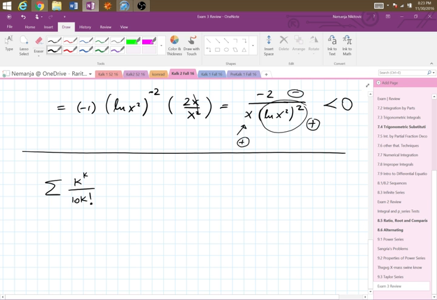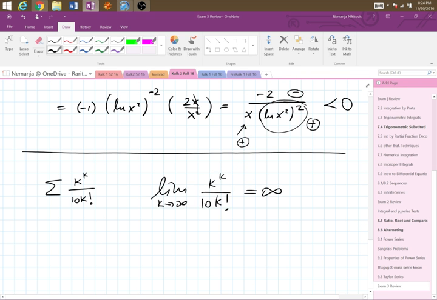This question is definitely screaming ratio test. But then you say, but my most amazing professor always said, check the divergence first, right? Which means limit as k goes to infinity of k to the k divided by 10k factorial is equal to infinity, because this is the fastest growing function, and that's it.